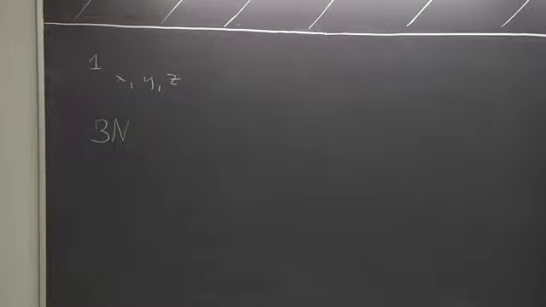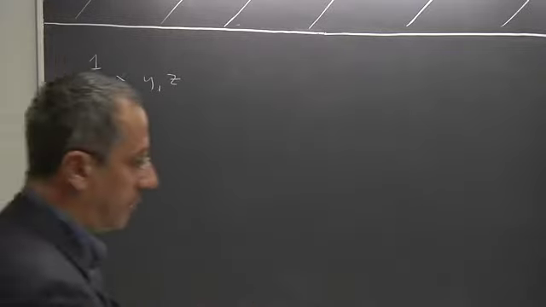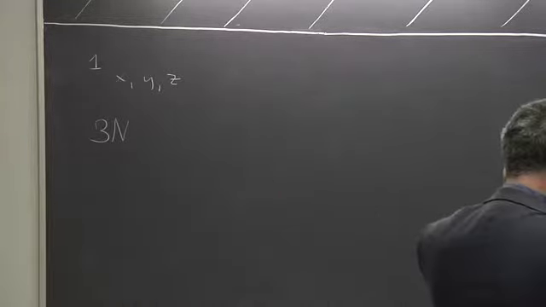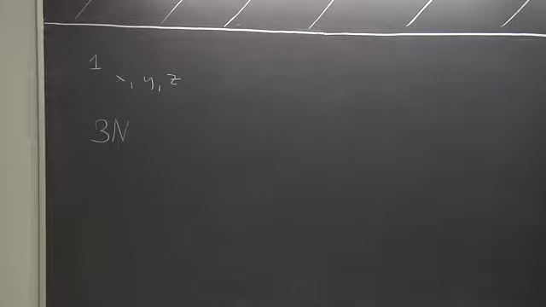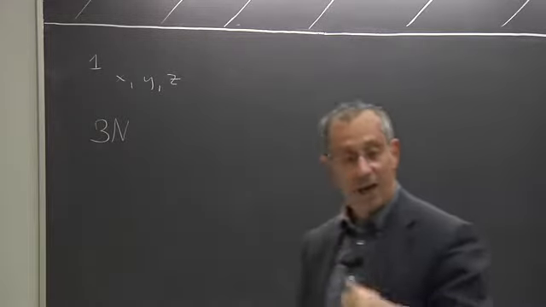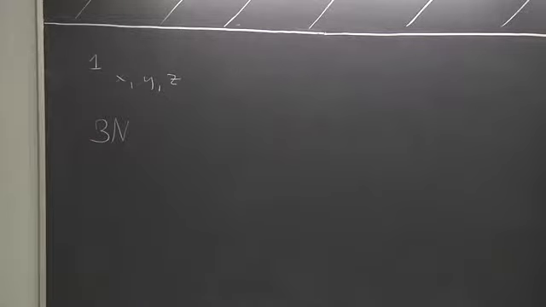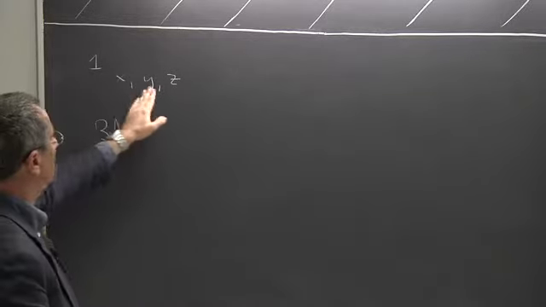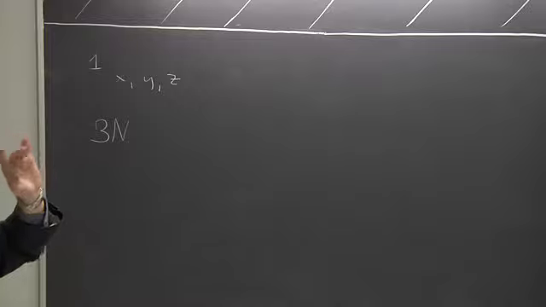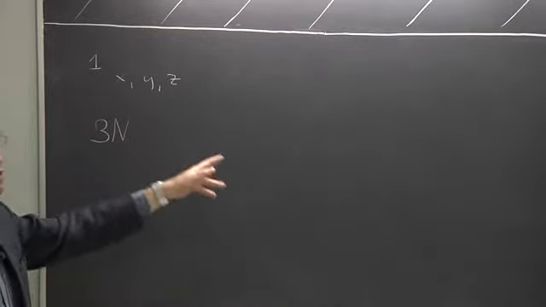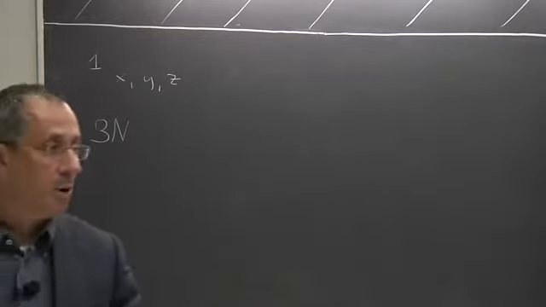So in general, if you look at your systems, you remember what we did 2 days ago. I looked at my problem and I wrote some coordinates, and I checked how many coordinates, how many unknowns I had, and then I gave a name to them. Here I just used Cartesian coordinates, but as I said last time, I don't have to use Cartesian coordinates to describe my body.